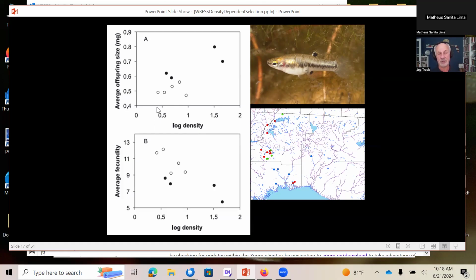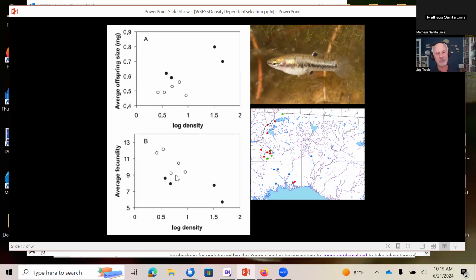And because there's a trade-off between offspring size and number, the average fecundity, the amount of offspring that a female will produce in her lifetime, varies inversely with density. The open and closed symbols denote different types of habitats, springs versus ponds, but you can see these all follow the same pattern.